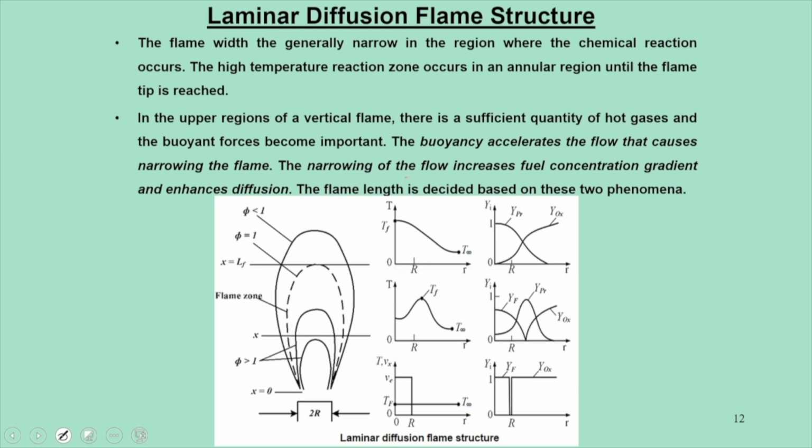Narrowing the flame increases the fuel concentration gradient, which enhances diffusion, and it happens because buoyancy accelerates the flow. So the flame length, which is denoted LF, is decided by these two phenomena.